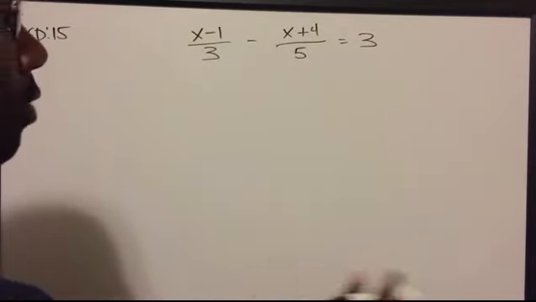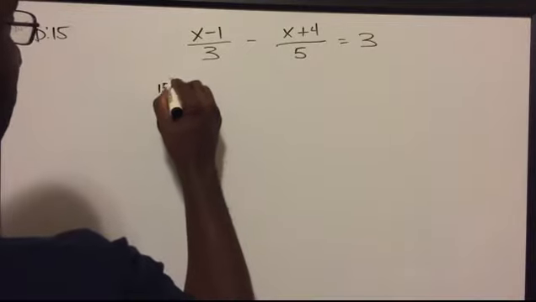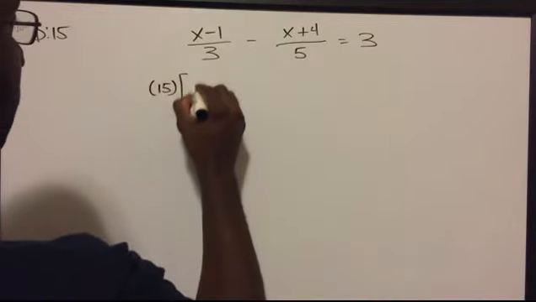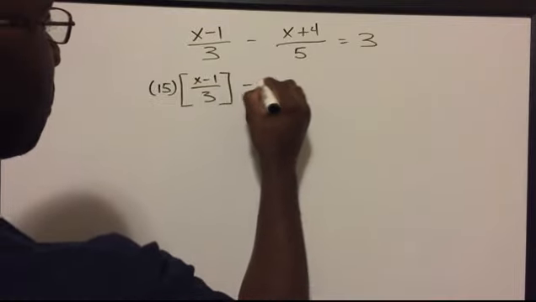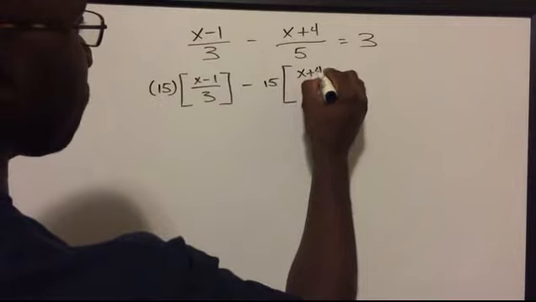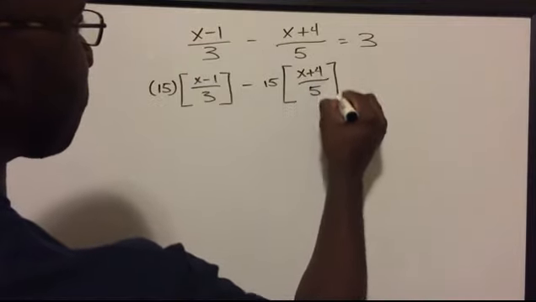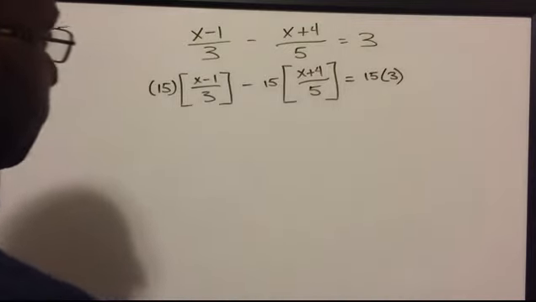So now let's multiply everything by 15. So it's 15 multiplied by x minus 1 over 3 minus 15 multiplied by x plus 4 over 5 equals 15 multiplied by 3.